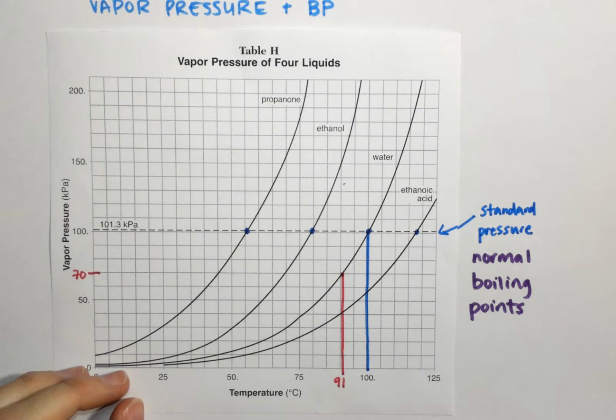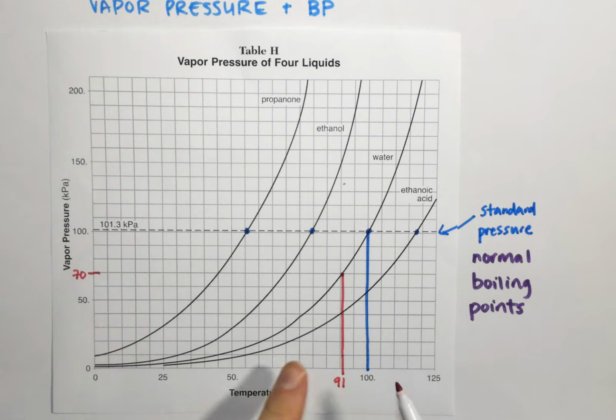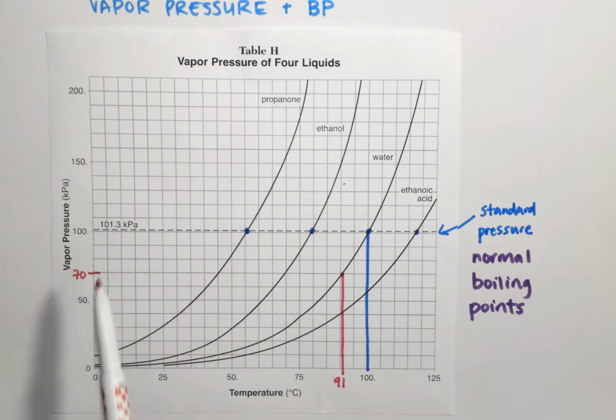Please be careful because the scale on the x-axis is by 5s. We're by 10s on this side and by 5s on this side. So this is a great reference table to write all over to make sure that your numbers on the scale are matching what you think that you're reading. So that information tells me that when I lower the pressure, I can actually decrease the temperature at which substances are able to boil. Pretty cool.